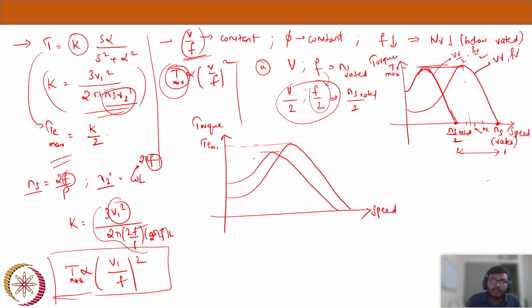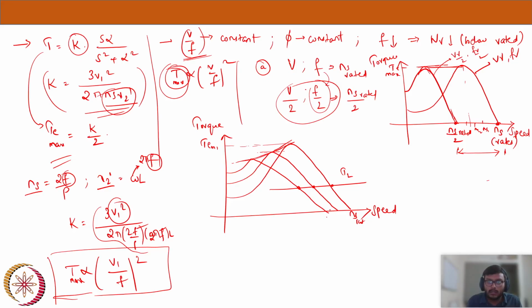If you keep on reducing the frequency, it will come down like this. Now you will have this kind of peak. The maximum torque point, which we can see, keeps on reducing, but still we are getting a precise speed control. Now for the same load torque, you are able to achieve different NS rateds.